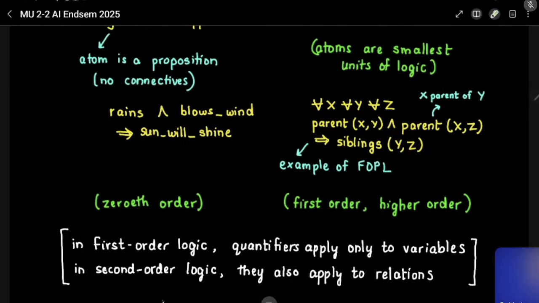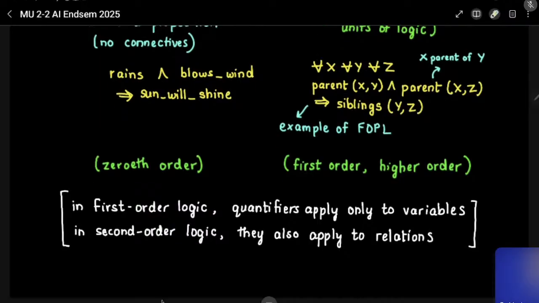How is it different from higher order logic? For example, I talked about second order logic here. In first order logic, quantifiers only apply to variables, but in second order logic, they also apply to relations. So you have these quantifiers: for all, there exists. If you use them only for variables, then it is still first order logic.